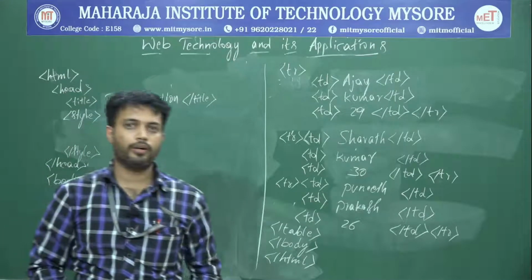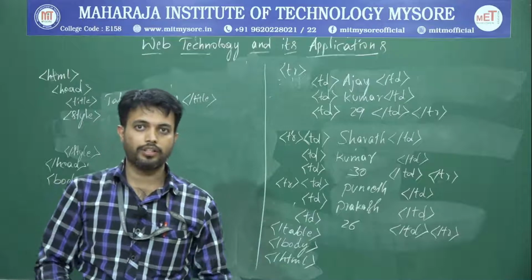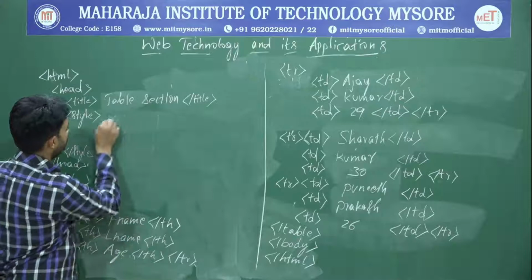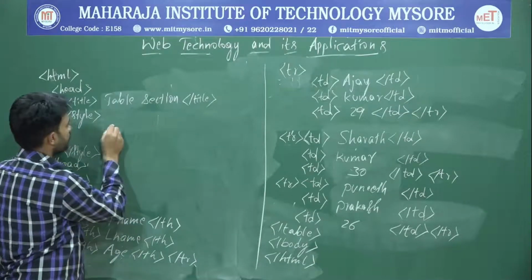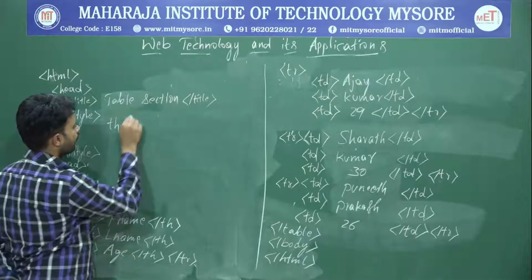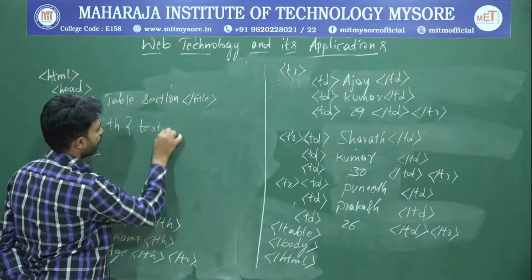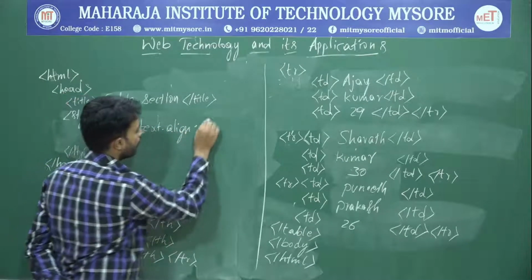So next, we can make this table even more decorative, more attractive. So here I am going to write TH, open flower braces, text-align colon left.